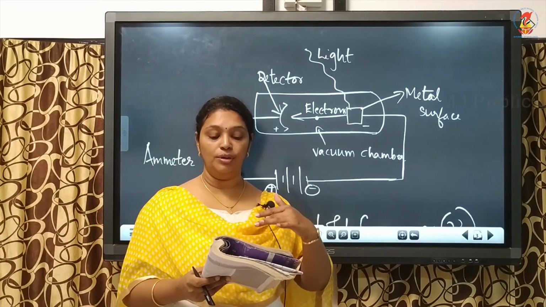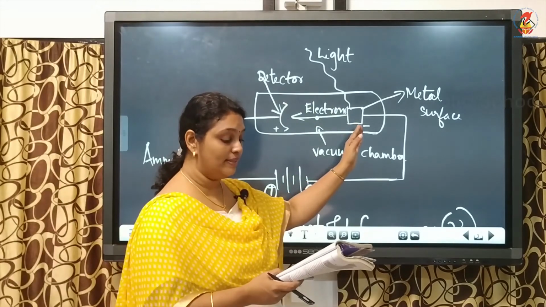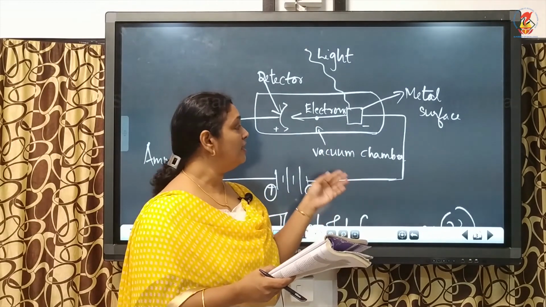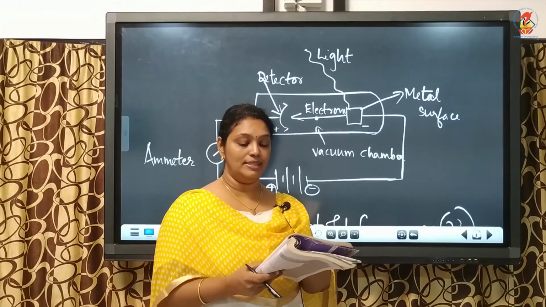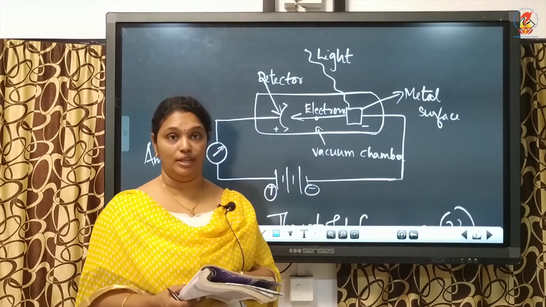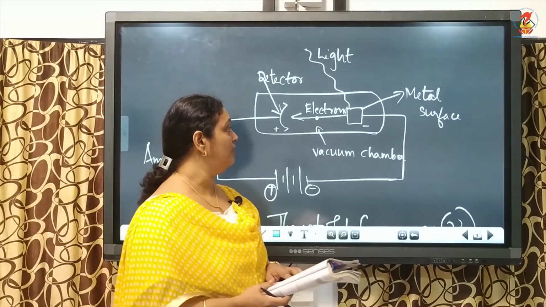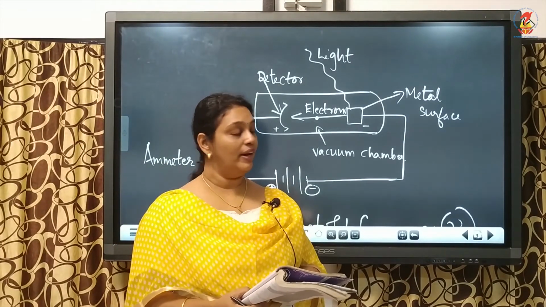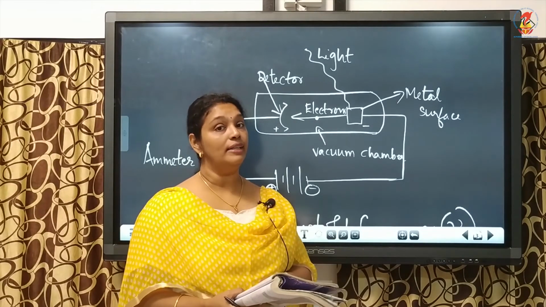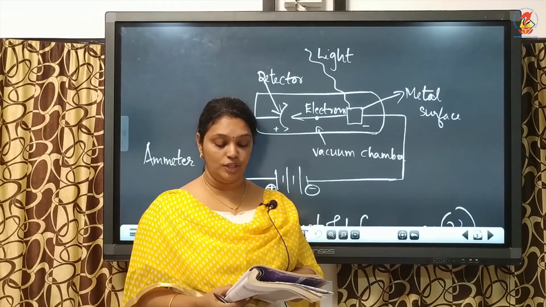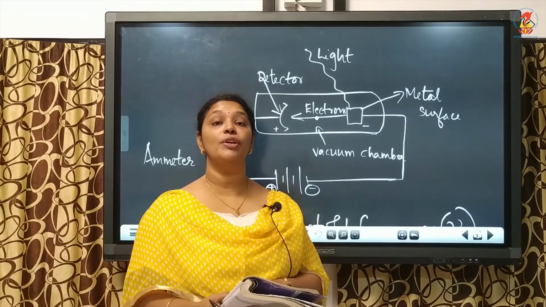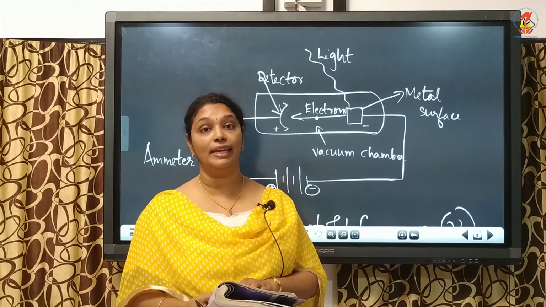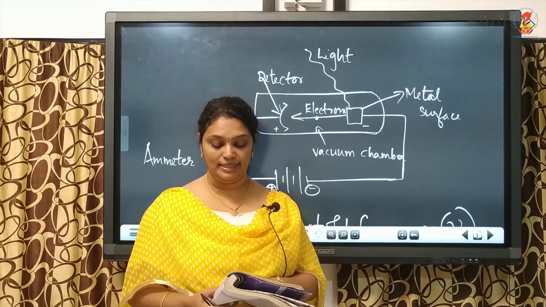When a photon of sufficient energy strikes an electron in the atom of the metal, it transfers its energy instantaneously to the electron during collision, and the electron is ejected out without any time lag or delay. Greater the energy possessed by the photon, that is the incoming radiation, greater will be the transfer of energy to the electron, and greater will be the kinetic energy of the electron ejected.